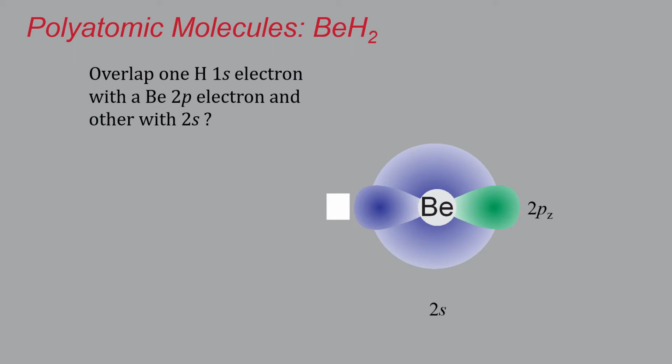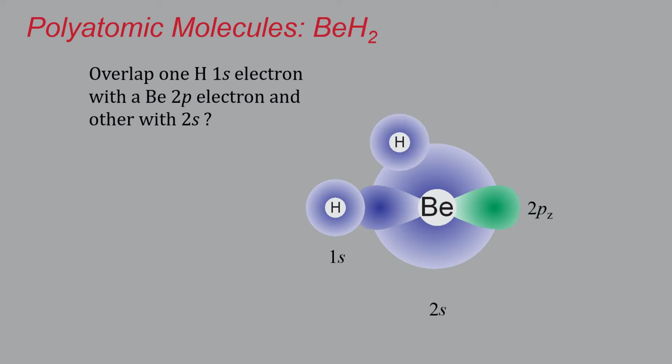They are roughly the same size. I think I might have just drawn the p state here a little larger for clarification. So I could still make one of the bonds overlap between a hydrogen 1s electron and a 2p electron in beryllium, specifically an electron in the 2pz state.